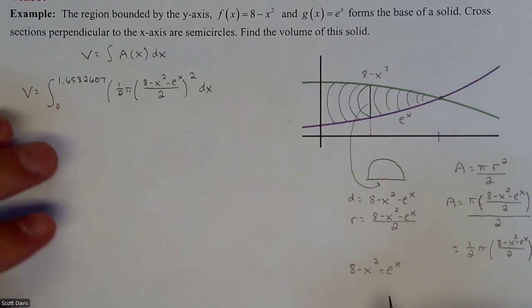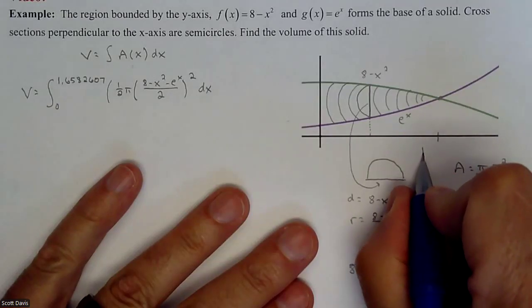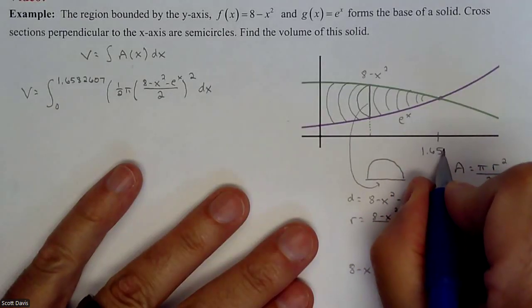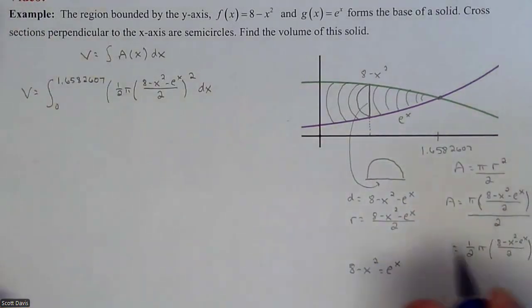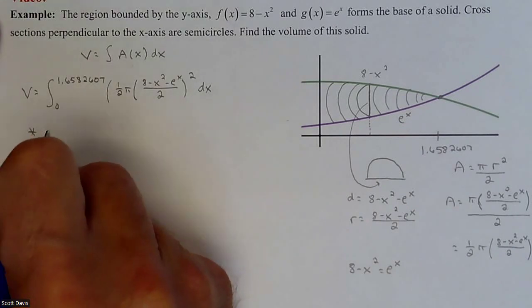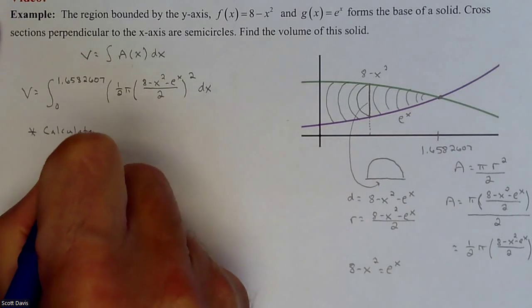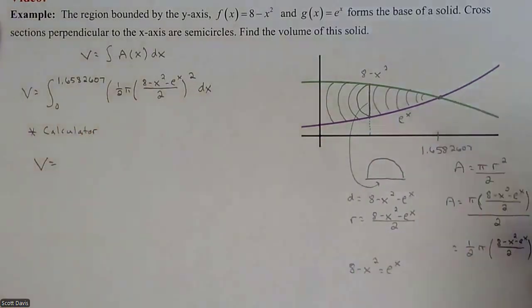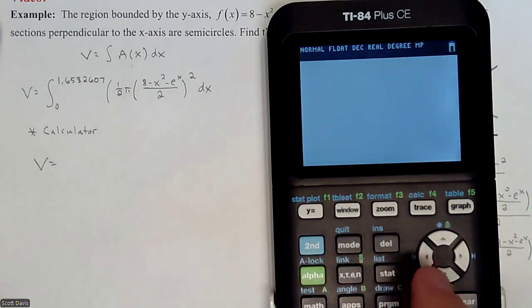All right, so since that bound was dictated by a calculator, 1.658260707, I'm going to be throwing this into the calculator as well. So our volume is going to be, let's make sure we throw this into the calculator correctly.